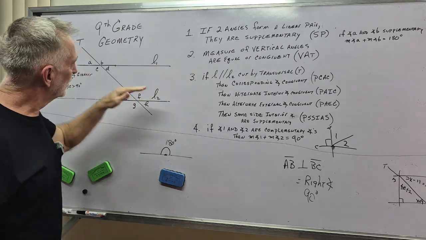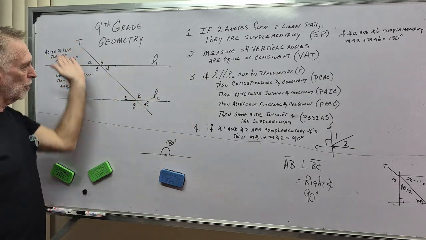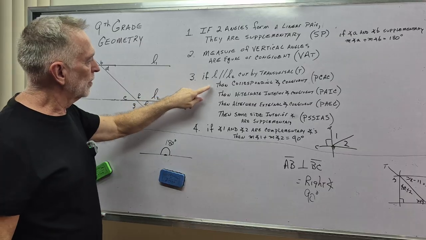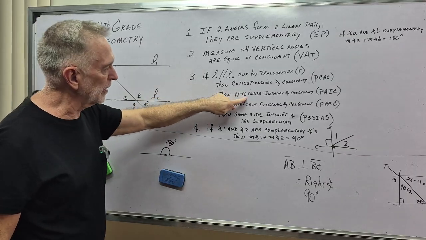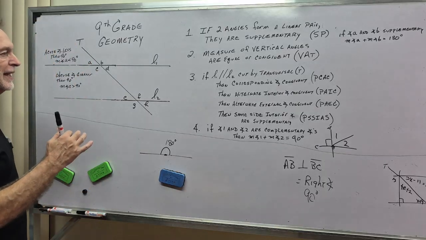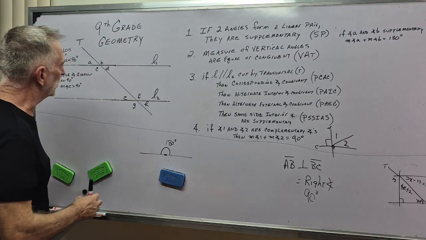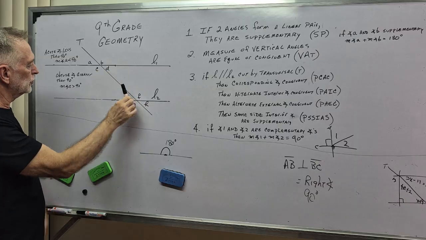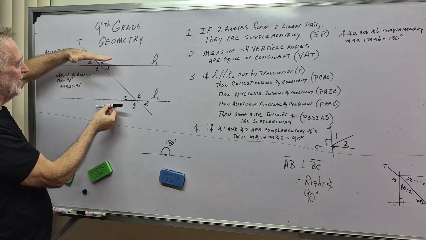Okay, if line 1 and line 2 are cut with a transversal, then the alternate interior angles are congruent. I have a transversal, the alternate interior angles.